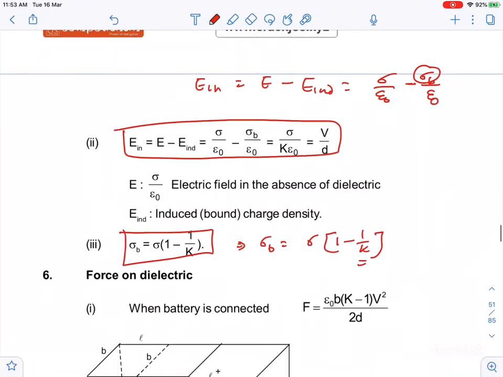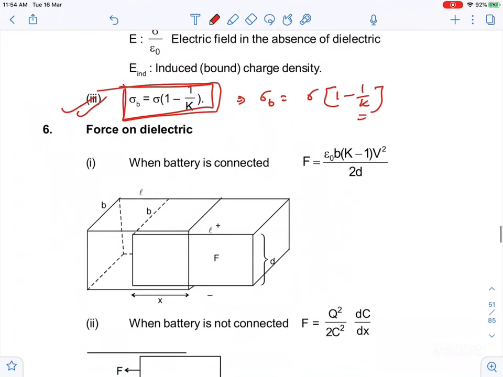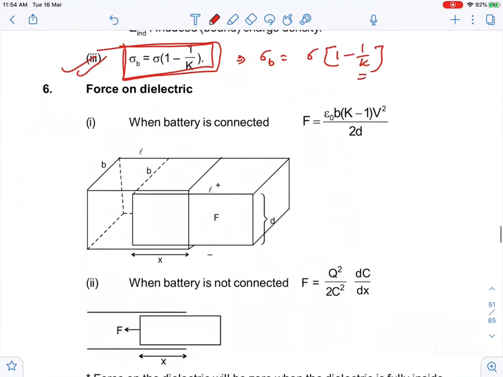Earlier the electric field is sigma by epsilon naught, now sigma b by epsilon naught. This sigma b value I have written here. So this is the induced bound electric field, because induced bound charge is there. This formula you can directly remember for solving numericals.